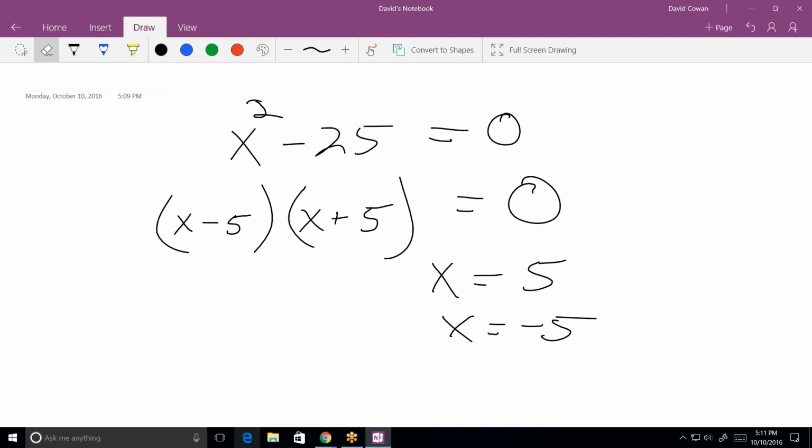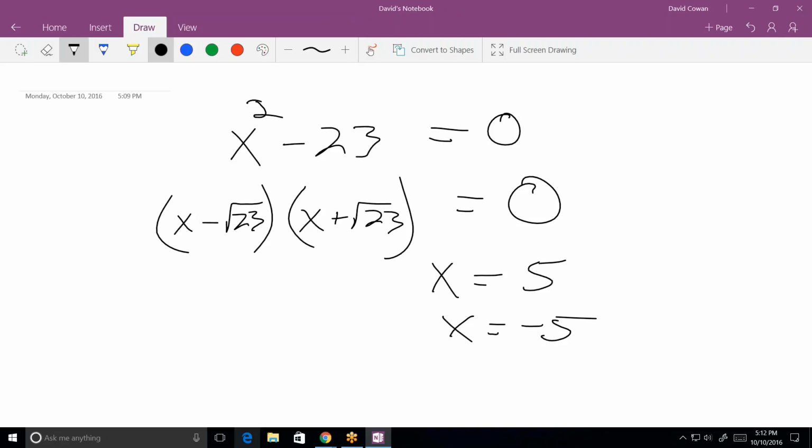It's actually a misnomer. It really doesn't have to be the difference of perfect squares. For example, let's make that 23. Now, how does that factor? Well, it factors into x minus the square root of 23 times x plus the square root of 23.